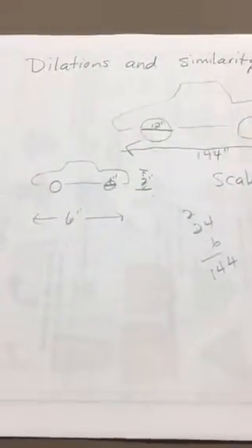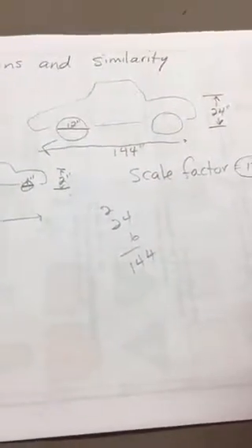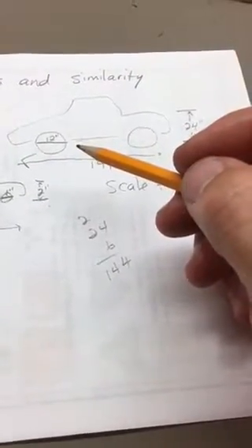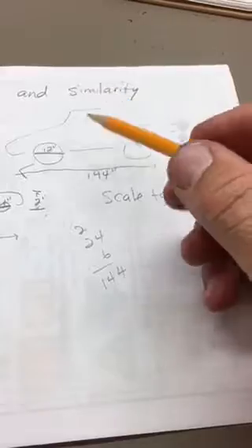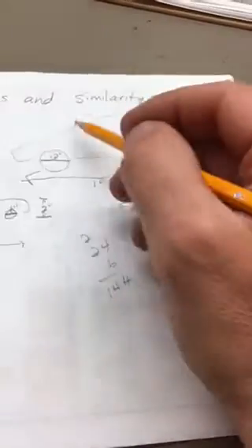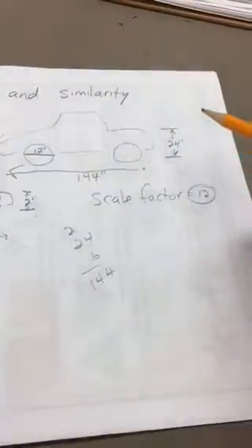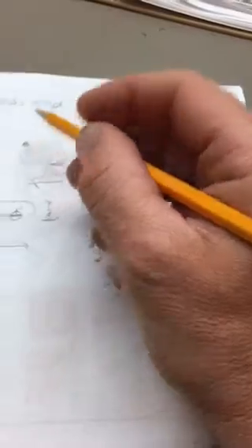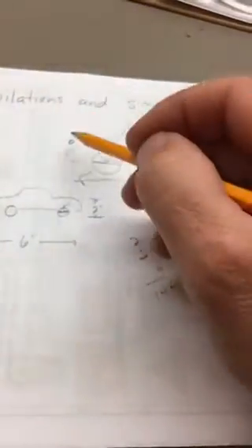All right. Now, the other thing that I want you guys to know is how to find what we call the center of dilation. Now, what we can do in this case is we connect all the corresponding parts of the car. So if I were to, let's say that's the trunk, and this is the trunk of my model car.